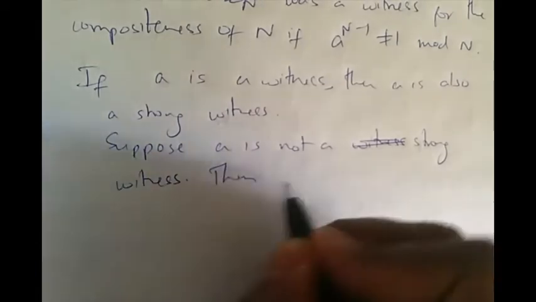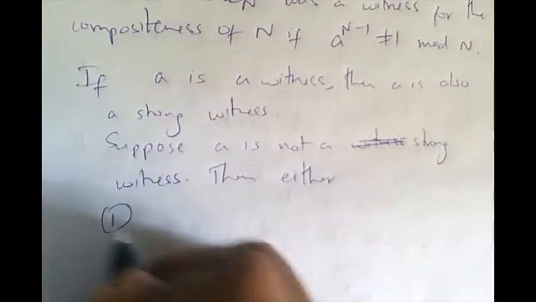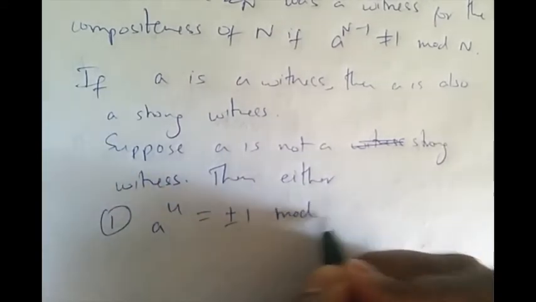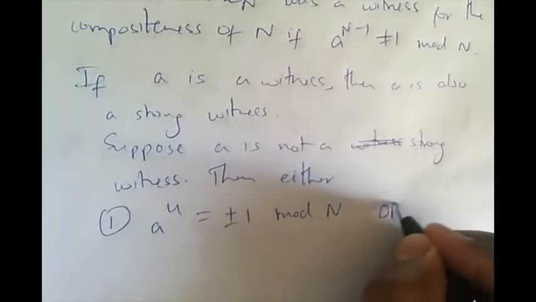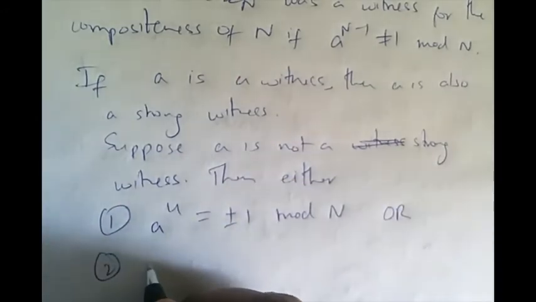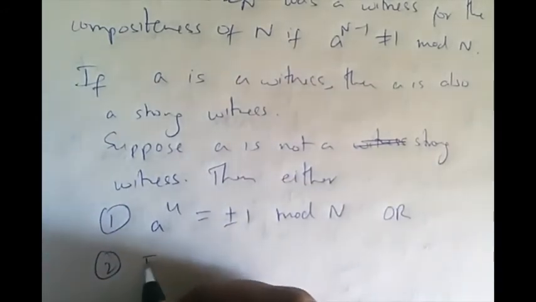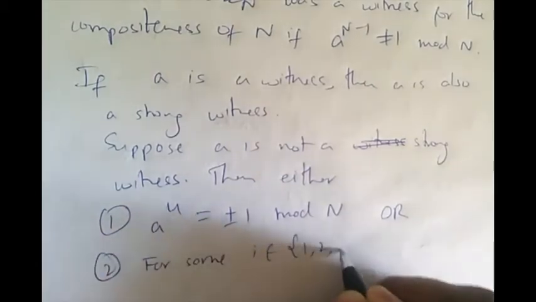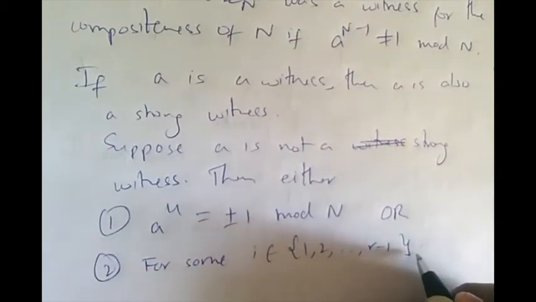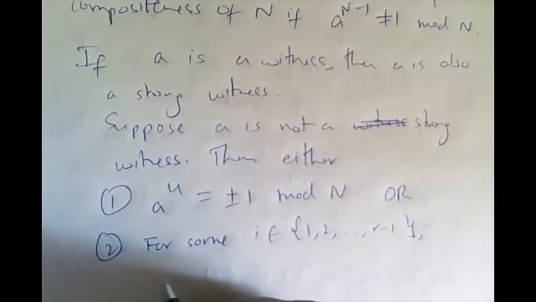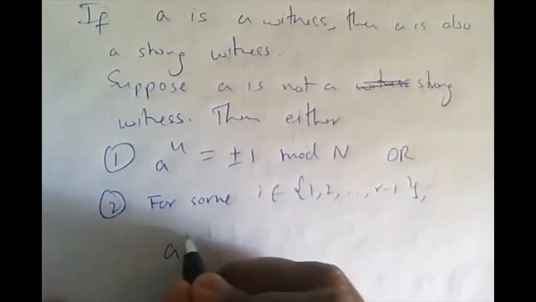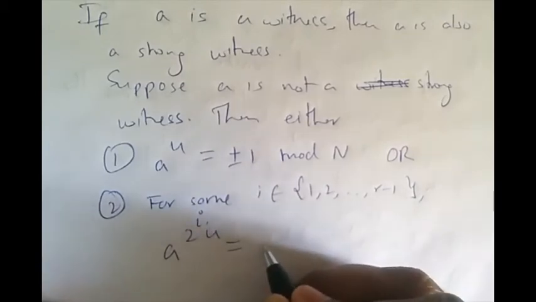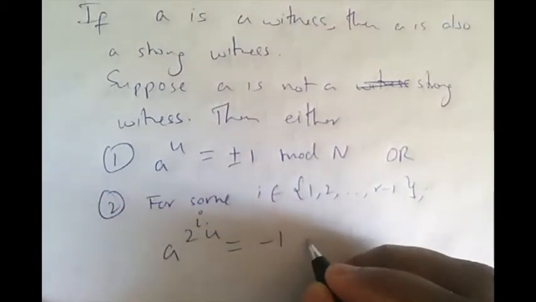Then either a raised to u is equal to plus or minus 1 mod n, or for some i in 1, 2, up to r minus 1, we'll have a raised to 2 to the i u equal to minus 1 mod n.